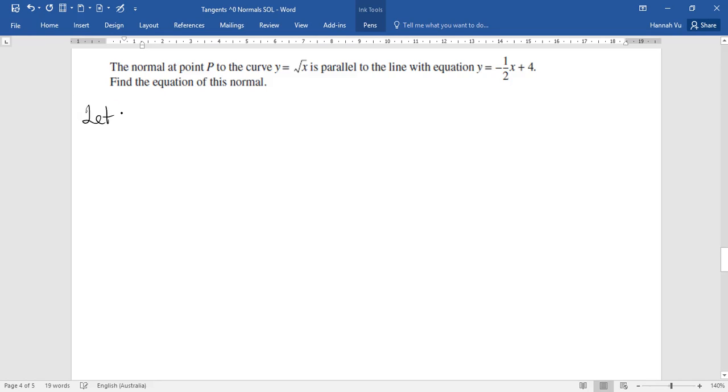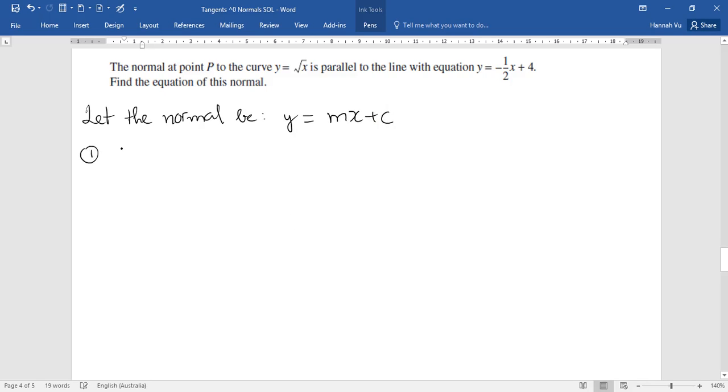Let's just start with, let the normal be, and this is still a line, so we still have y equals mx plus c.